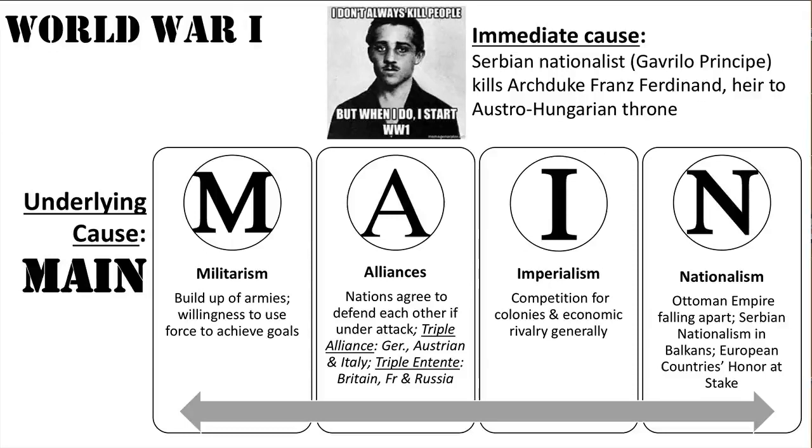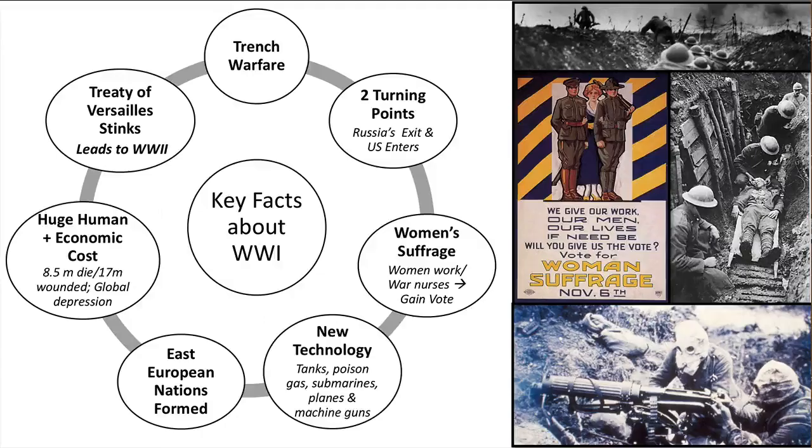And it is nationalism where all of these European countries feel pride in their country, and they are ready, willing, and able to go to war to show how great they are, to show how much they love their country, and all of that. So like I said, militarism, alliances, imperialism, and nationalism are the big drivers that cause World War I.